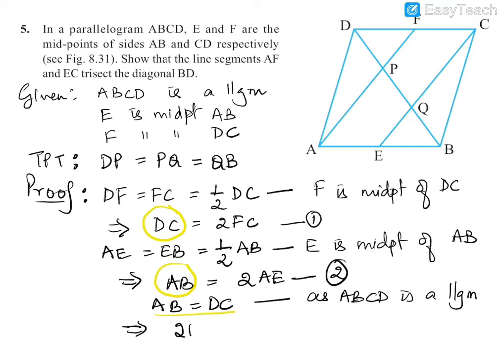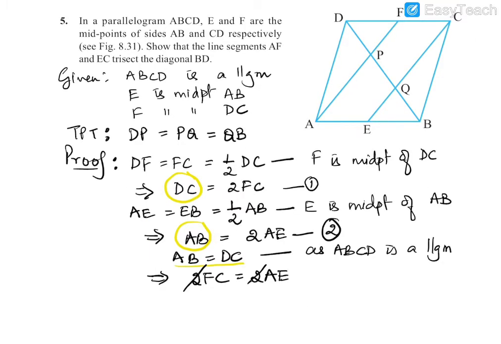So 2 times FC is equal to 2 times AE. This implies FC is equal to AE. Mark this as 3.